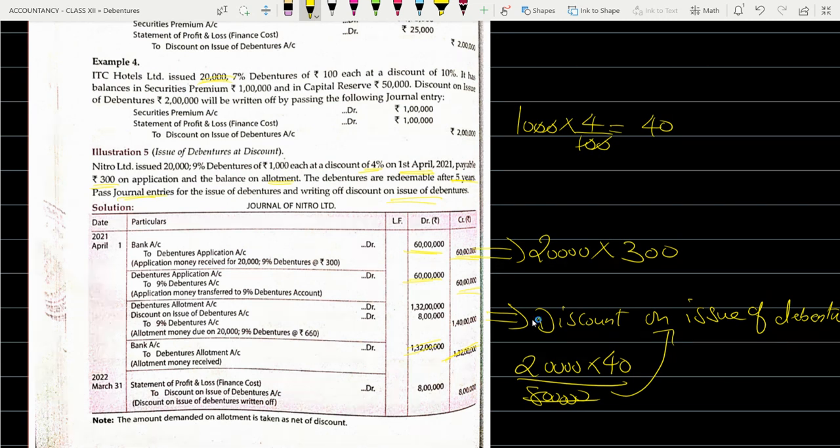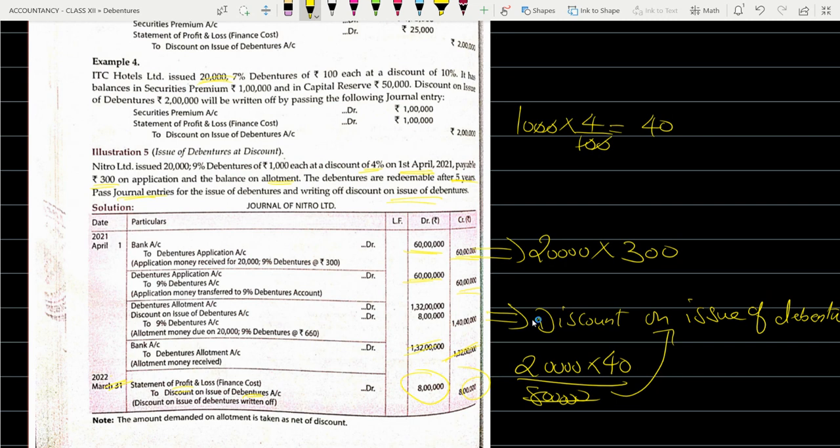So on 31st of March 2022, you are passing an entry, statement of P&L account debited to discount on issue of debentures account. So the amount of rupees 8 lakhs is mentioned in debits and credits.